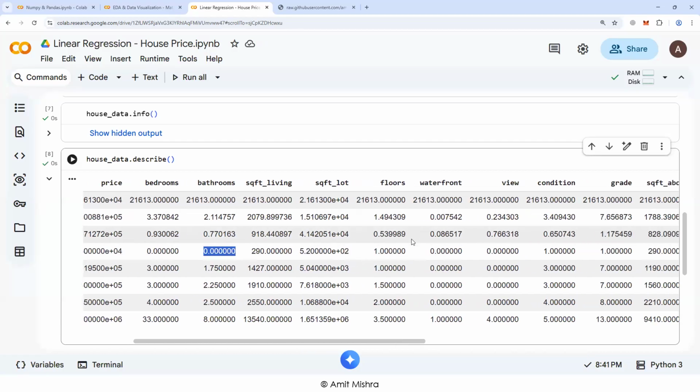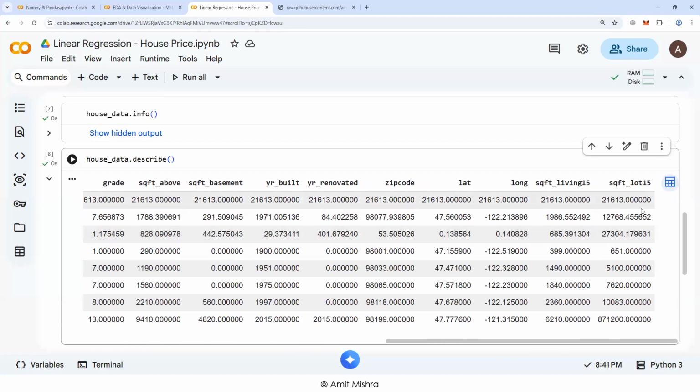Bathrooms, it can be 0. But you cannot see your price being 0, or your square foot living area being 0, or latitude or longitude being 0. They cannot be 0 in realistic form, right? Yes, if no renovation is found, then year renovated can be 0.